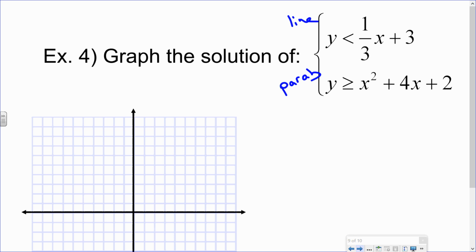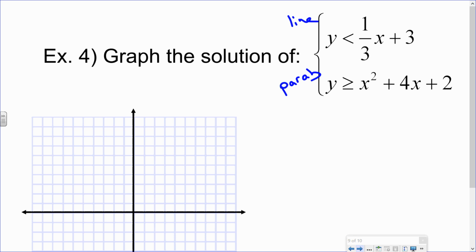When I have less than or greater than, what do I do when I draw my shape if I don't have an equal bar in there? I'm going to do a dotted or a dashed line for that. So for the line, I need to use dots.